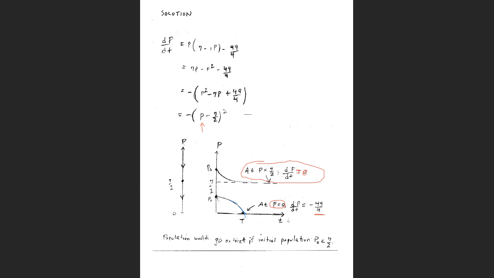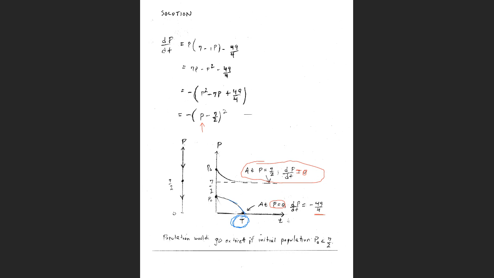And that means that the population has to be extinct at some finite time, capital T here. In your homework, you're going to have to find that finite time, capital T, and there's actually a help video on that.